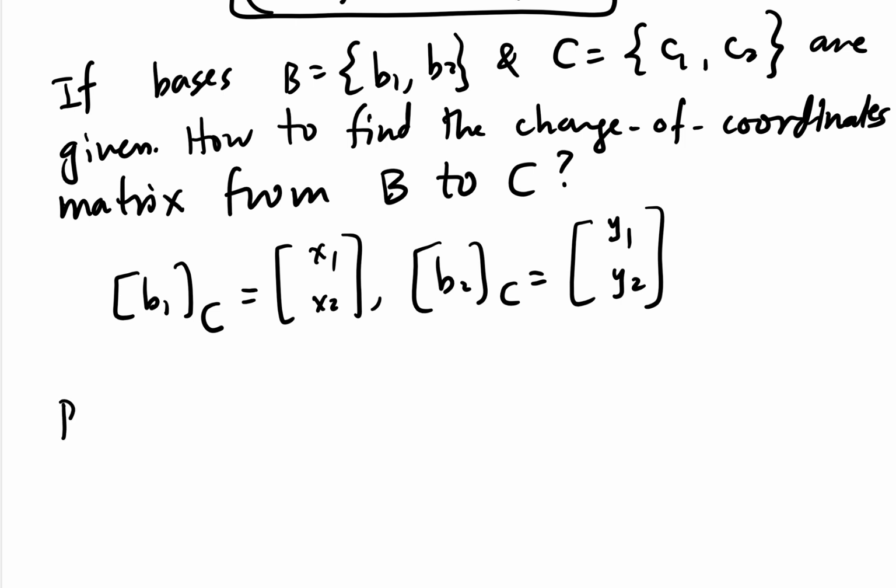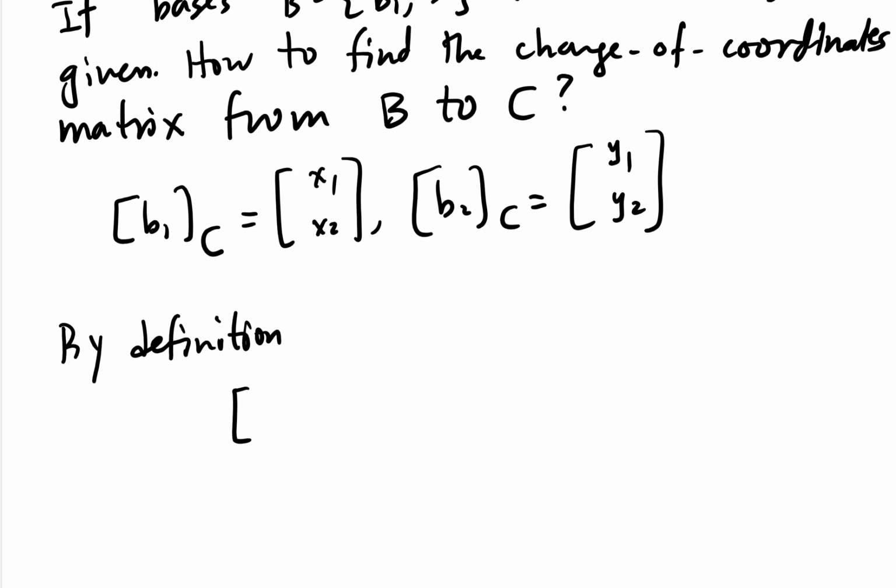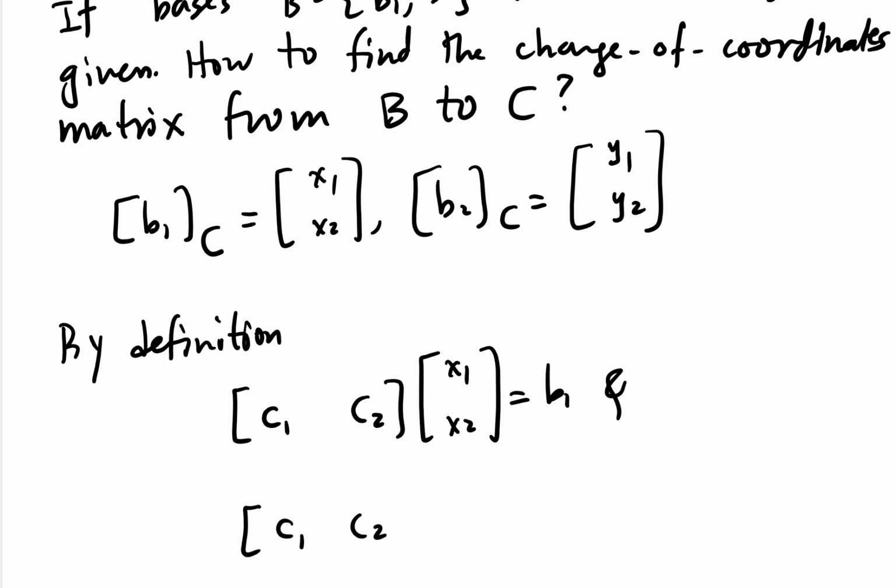Now, by definition, if we take C1, C2 and multiply them by x1, x2, that would give us B1. And if we take C1, C2, multiply by y1, y2, that would give us B2.